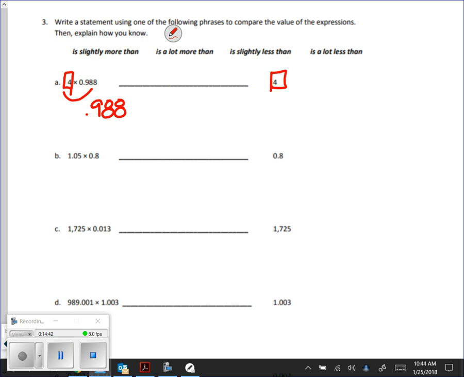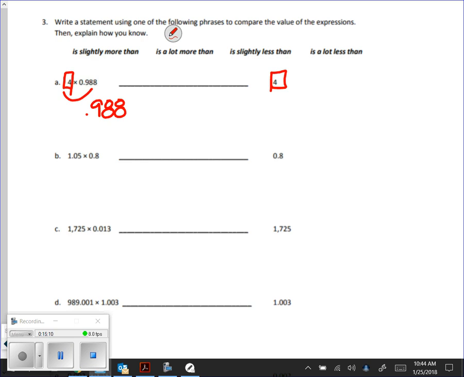Is it pretty close? So then we know that our product is going to be, is it going to get bigger or smaller? Smaller. So we know it's going to be less than. Is it going to be slightly, which means a little, or is it going to be a lot? So it's going to be slightly less.